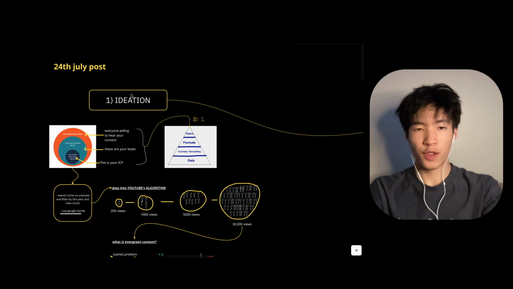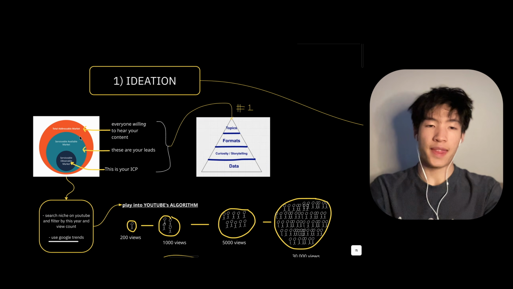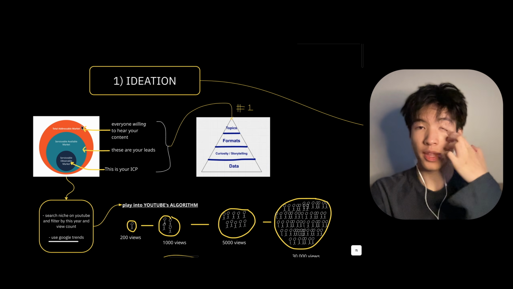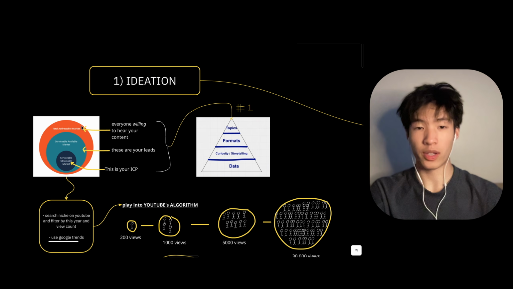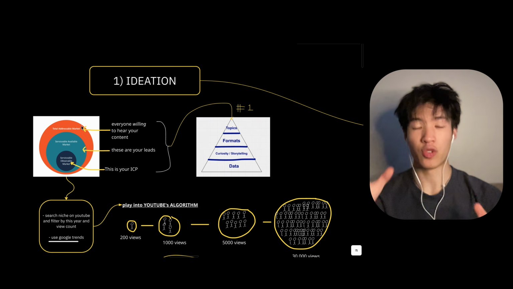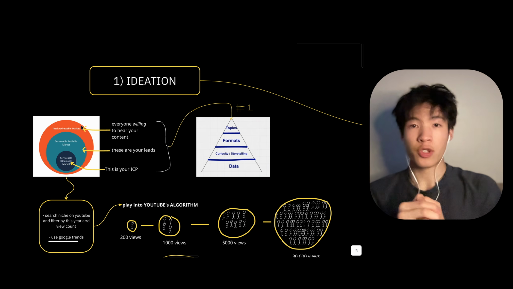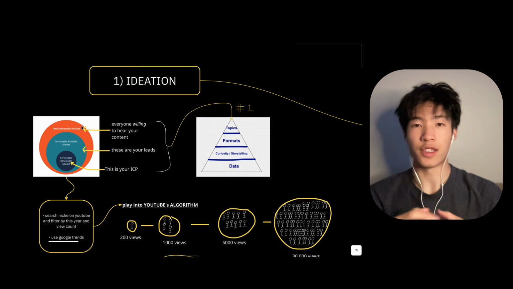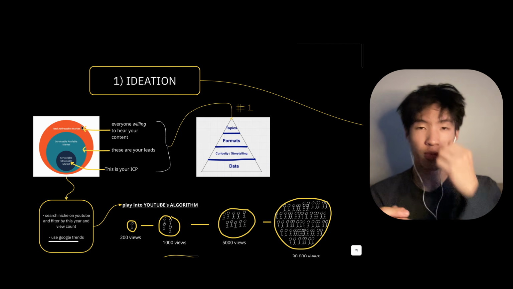So for ideation, there is a concept called TAM, which is total addressable market, which is the total amount of people that are even willing to hear you out in your content, right? And that's the biggest group. And so you need to choose a topic which caters for the large group of people, right?